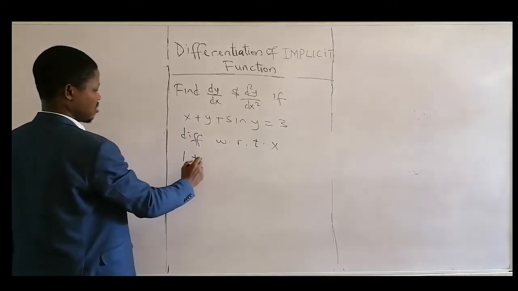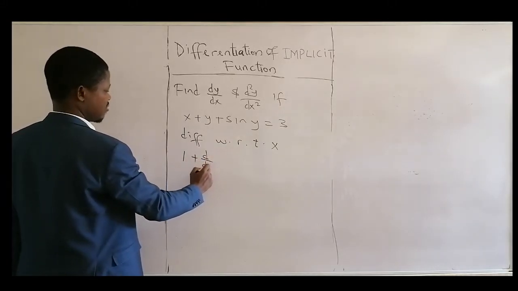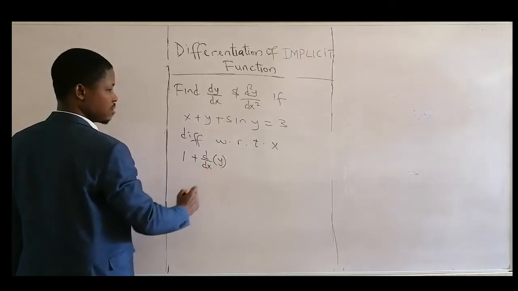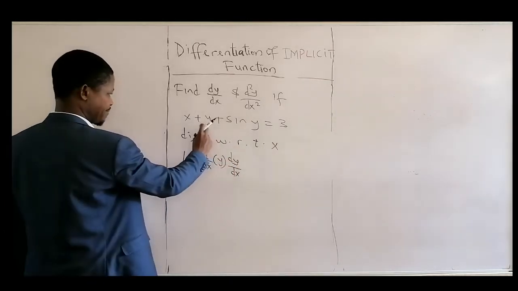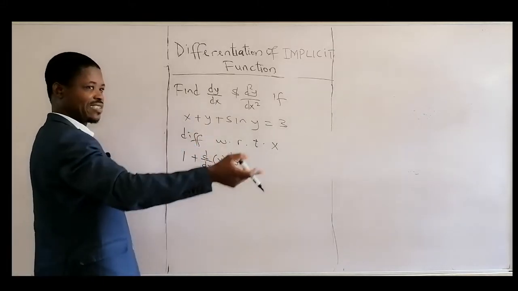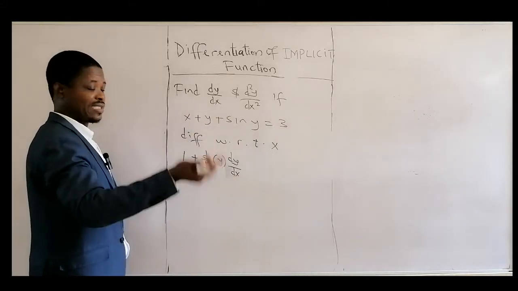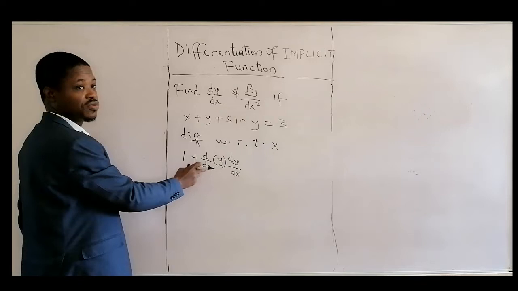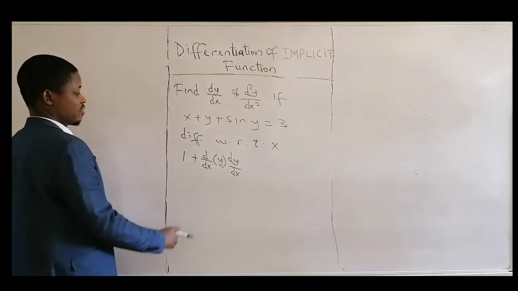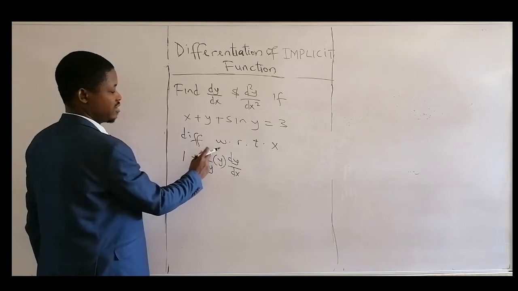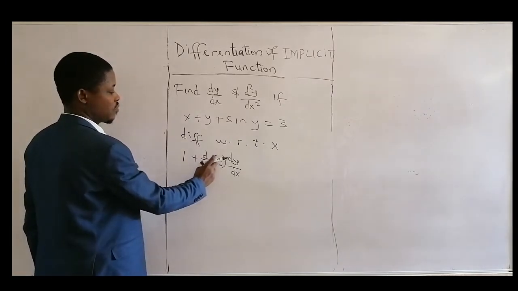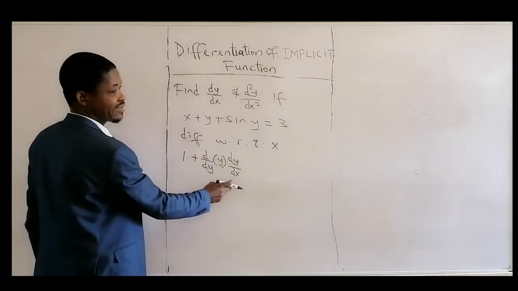This one will be equal to what? d/dx of y, then dy/dx, because y is a function of itself, and at the same time we differentiate with respect to x. So that will be d/dy of y, and then times dy/dx.